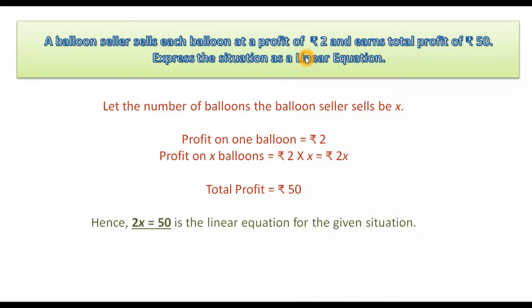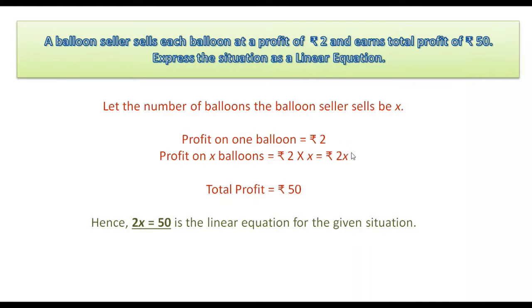But the question has already given us the total profit, that is rupees 50. So on selling all the balloons, he has gained rupees 50. Here also, on selling all the balloons, he has gained rupees 2X. This is an unknown quantity and this is a known quantity. Now what will we do? We will try to establish a relation here.